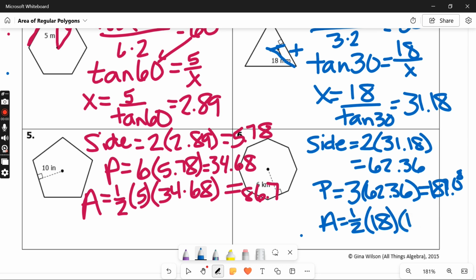Okay, so this would be the 187.08. So the area for number 4, so I know I wrote on 5 and 6, but this is still number 4. I just wrote way too large. The area on number 4 is 1,683.72.